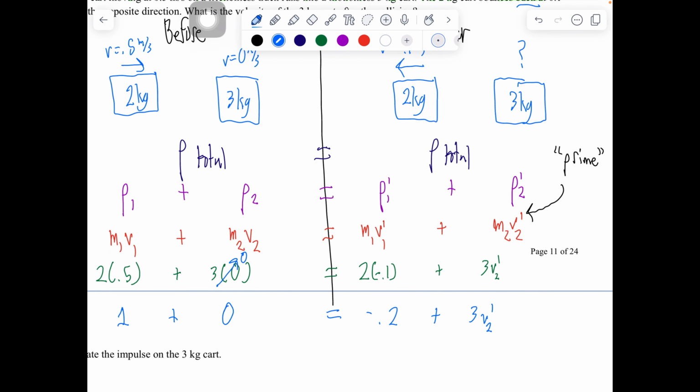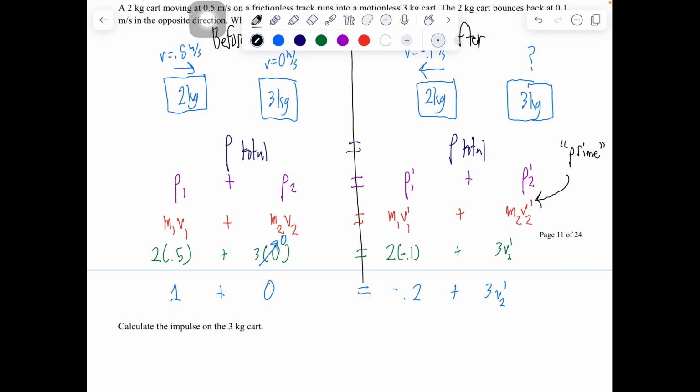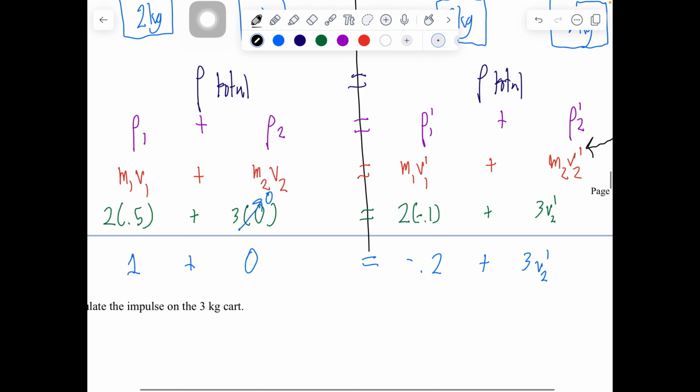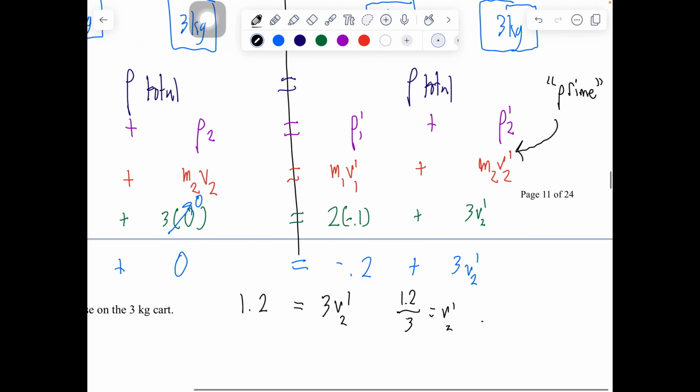At this point, we're just going to do a few last steps to solve. We'll move our 0.2 over by adding it to both sides. This gives us 1.2 is equal to 3 v2 prime. Last step, 1.2 divided by 3 is v2 prime. This, of course, gives us 0.4 is the velocity of object 2 after the collision.